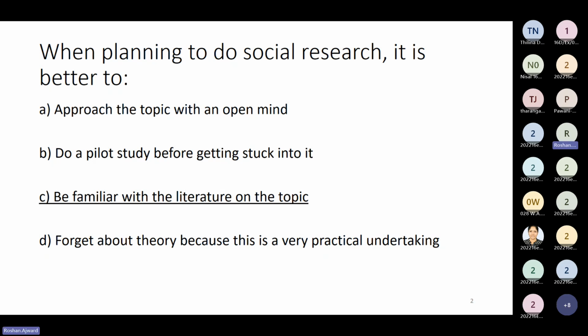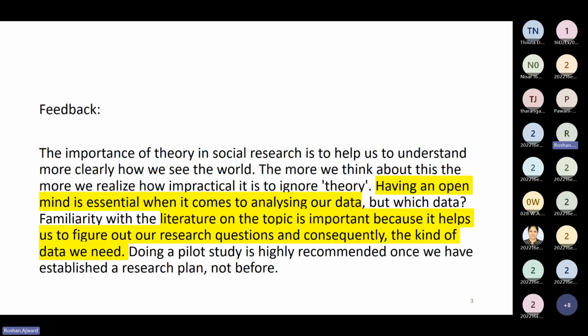That is very important, and I'll tell you how you can do a literature review. So yes, the importance of theory in social research is to help us understand more clearly how we see the world. The more we think about this, the more we realize how impractical it is to ignore theory. Having an open mind is essential when it comes to analyzing our data. But which data?